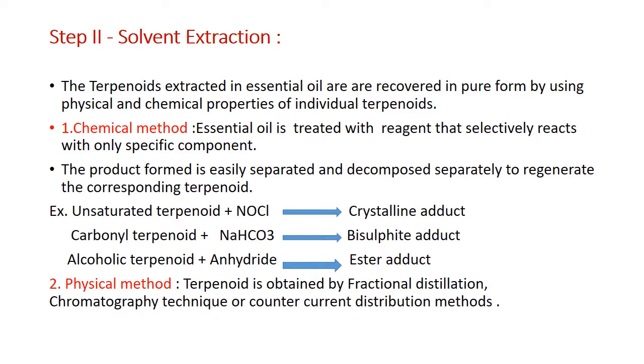The product formed is easily separated and decomposed separately to regenerate the corresponding terpenoid. Suppose we have got the essential oil. Then we carry out the reaction of that essential oil, where the terpenoid is present, with a specific type of reagent. Now which are the reagents?